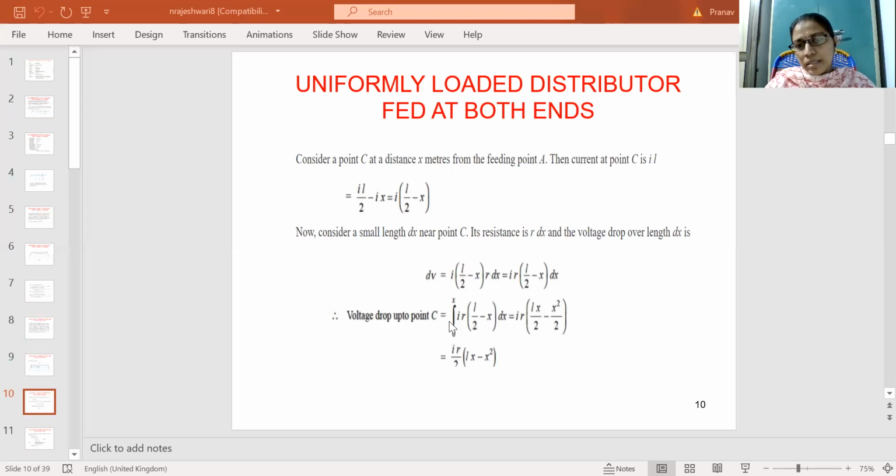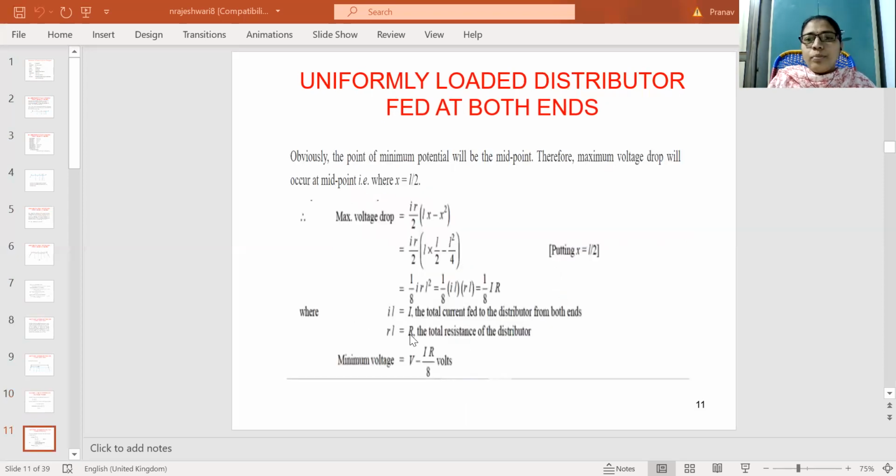By substituting maximum and minimum values, x square minus 0 square by 2, so that is x square by 2. So IR by 2 is a common term for both terms, so IR by 2 into Lx minus x square is the voltage drop up to point C.